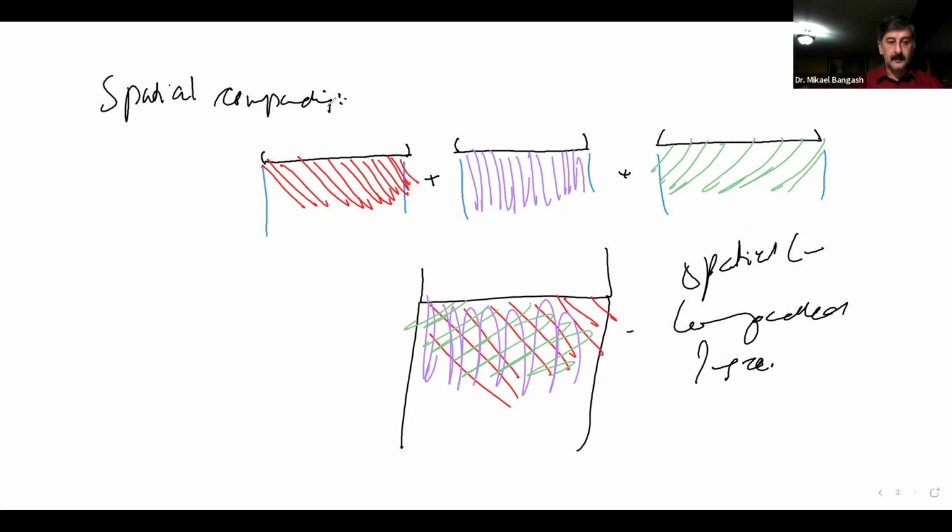This is an image that is formed by being scanned from different angles, but ultimately it is overlapped to give us the final picture or image. Did you guys get that?